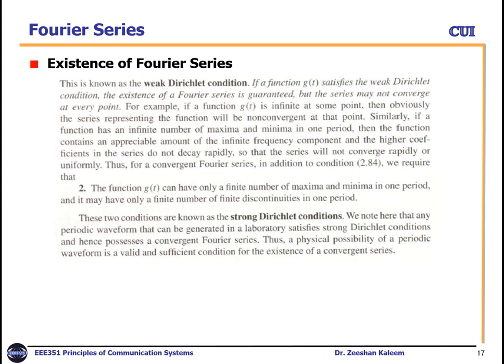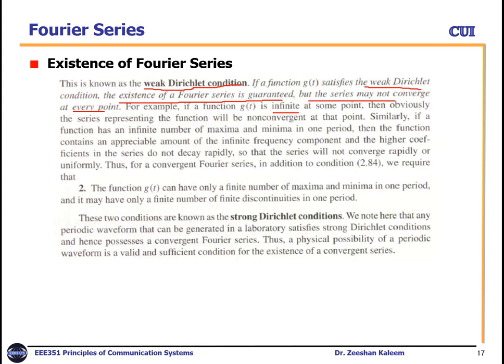This equation is known as the weak Dirichlet condition. If a function g(t) satisfies the weak Dirichlet condition, the existence of the Fourier series is guaranteed, but the series may not converge at every point. It means there can be some point in g(t) at which you get an infinite result.